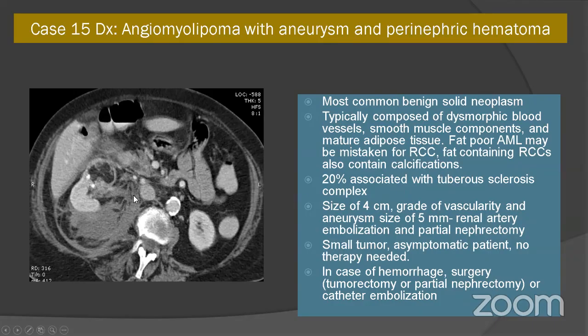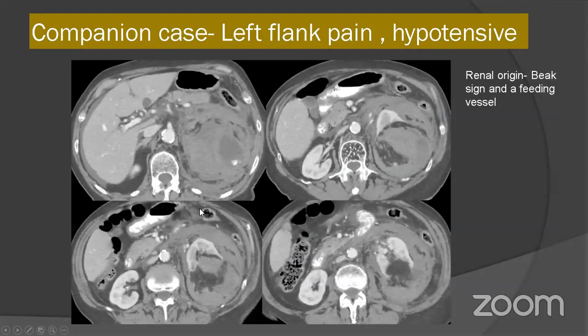They may be associated with tuberous sclerosis complex, and could be bilateral in that case. Usually, if they're small, patients are asymptomatic, and you can just leave them alone. But if the size is 4 centimeters or larger, or you have an aneurysm that is 5 millimeters or larger, you need to intervene by either renal artery embolization or partial nephrectomy. And of course, in case of surgery, you have to remove the tumor by partial nephrectomy or catheter embolization.